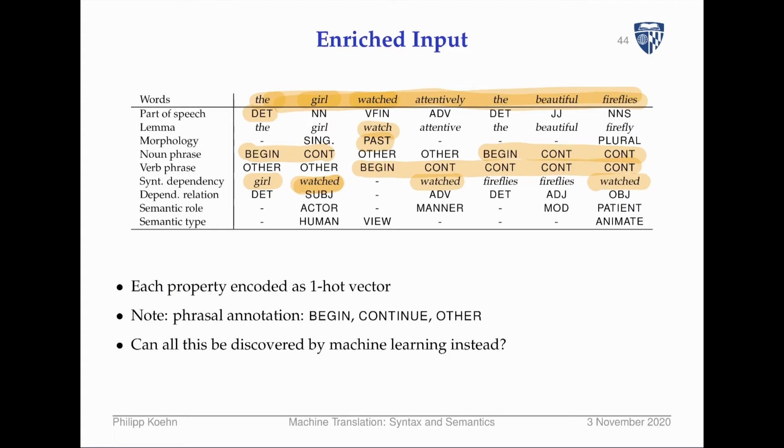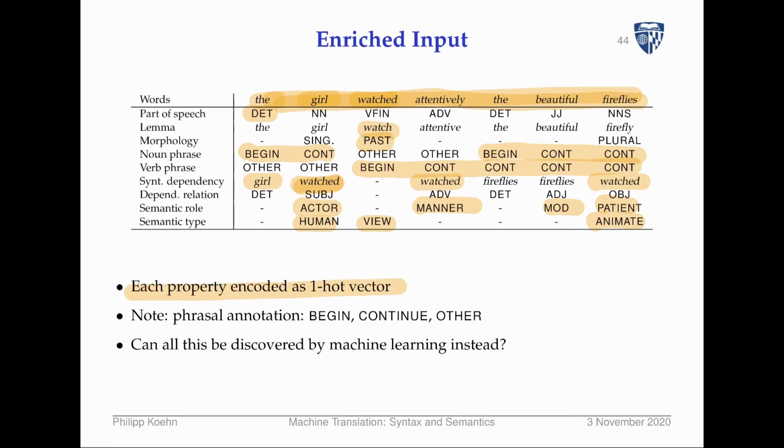So here, deeply, the semantic roles: actor, manner is a modification, patient, but maybe also semantic types, like this is a human, it's a viewing action, this is an animate object. So you can actually add all these. So each property can be encoded as a one-hot vector.